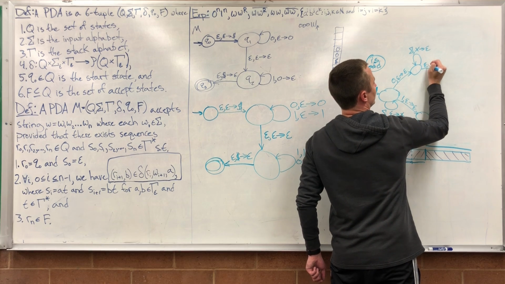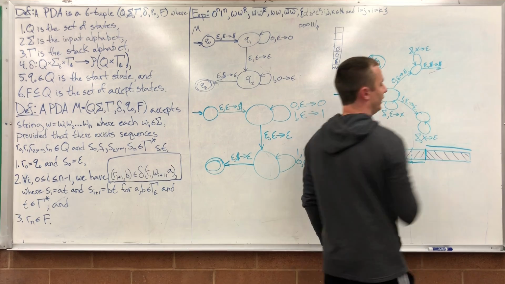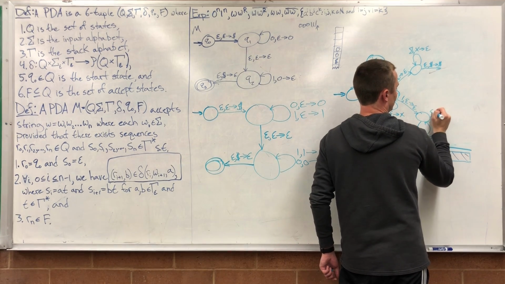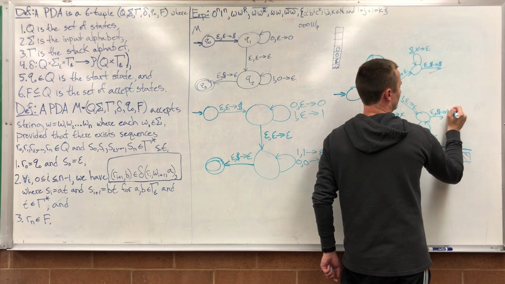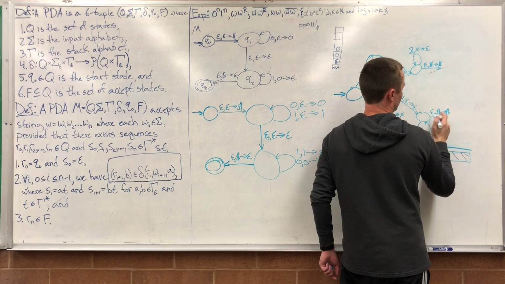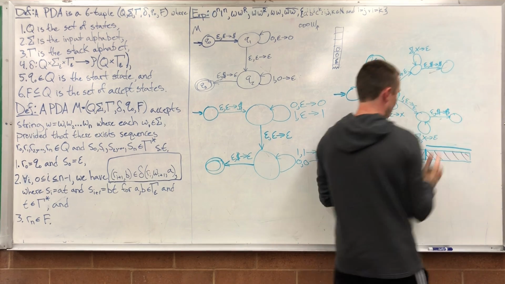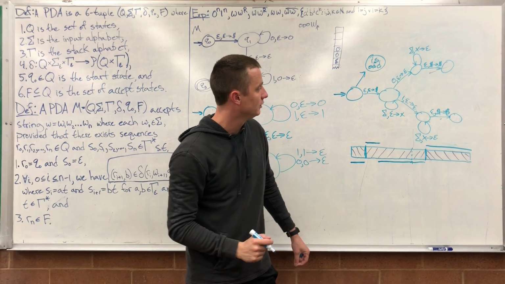Once I see the dollar sign, I pop the dollar sign and I push it back on to mark the bottom of my stack. Similar thing here, if I see the dollar sign, I pop the dollar sign and I push it back on. So that was making this transition right here.